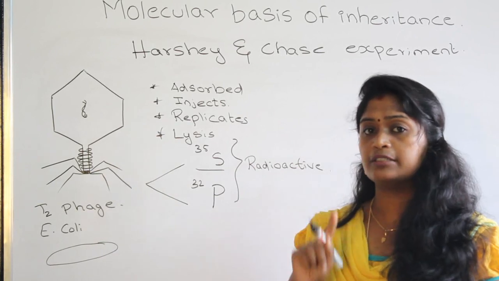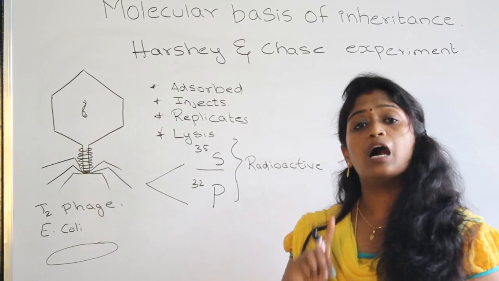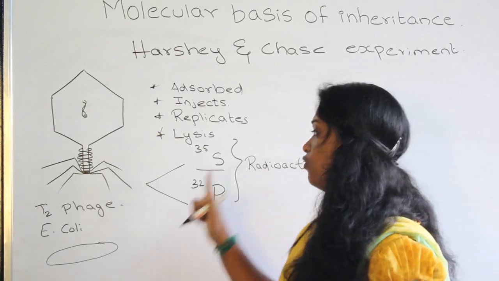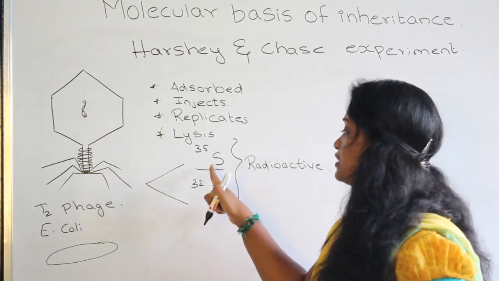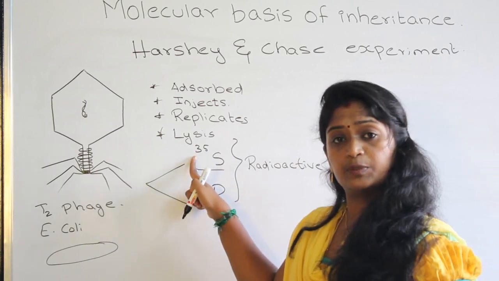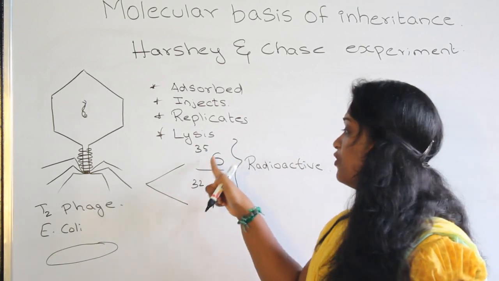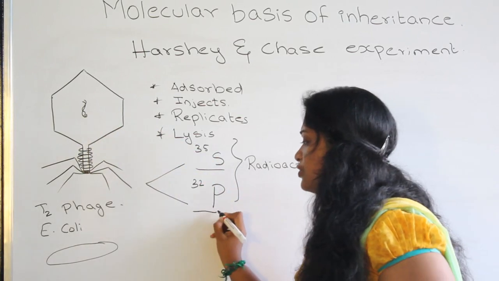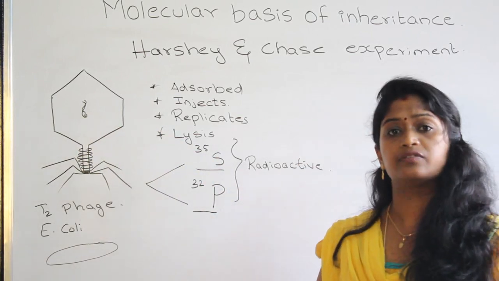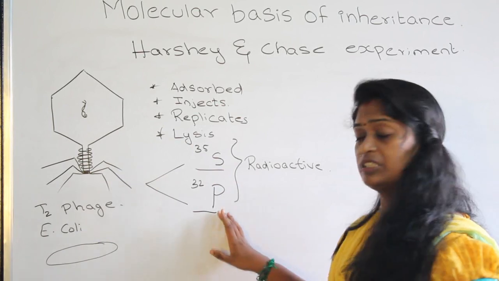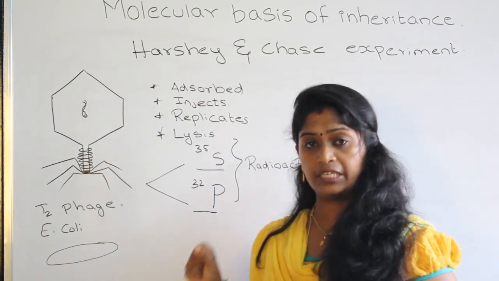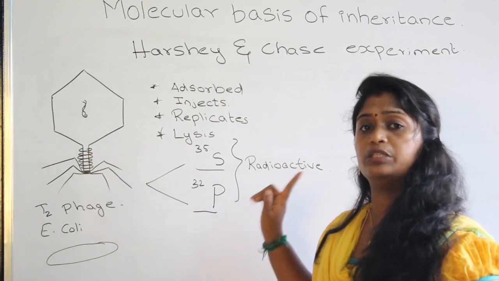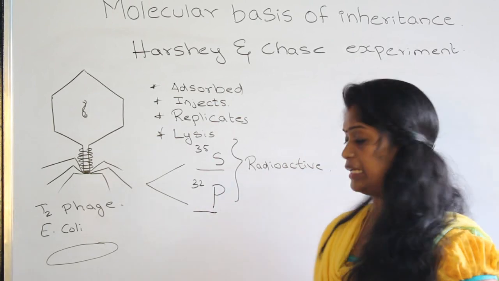Proteins are made up of amino acids, and the amino acids cysteine and methionine contain sulfur. Phosphorus is an important component of DNA, so phosphorus 32 mainly binds to DNA but not to proteins.